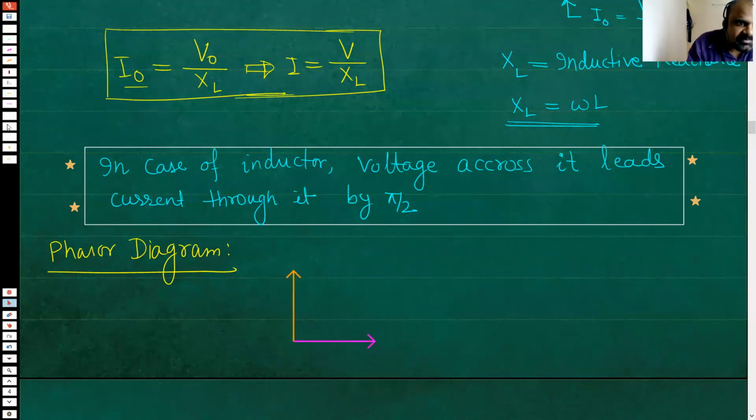So this is your current phasor, and its length will be the RMS value. You can use peak value also, but normally we use RMS value. And the length of this phasor will be the RMS voltage. Well, is there any relation between this length and this length? Absolutely, sir, this relation. So V is I into XL. You see, V is I into XL.